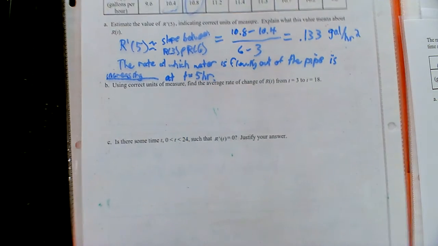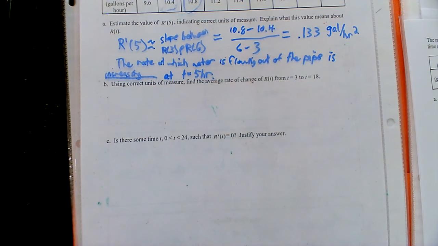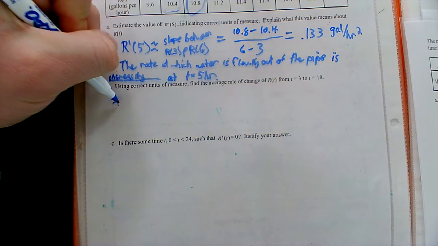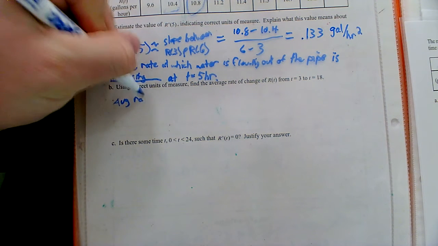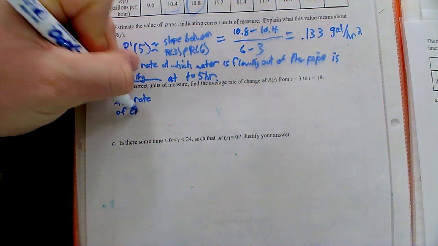All right, let's go to part B. Same question here. Using correct units of measure, find the average rate of change of r of t from t equals 3 to t equals 18. So, what do you think we're using here? Should seem familiar. Yeah, mean value theorem again. So, we're finding the average rate of change.